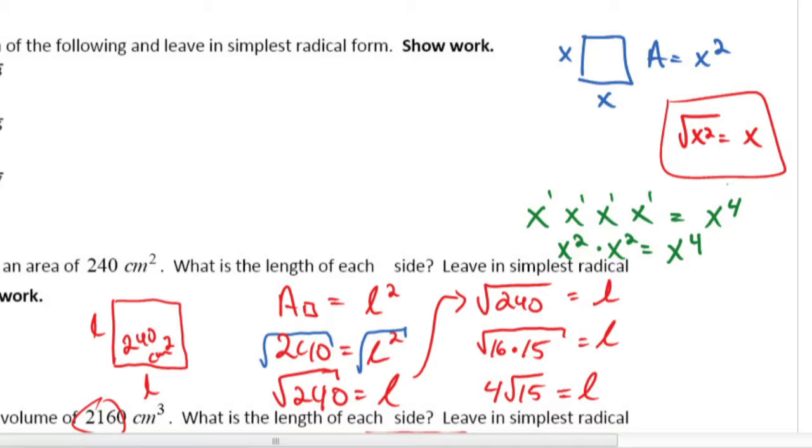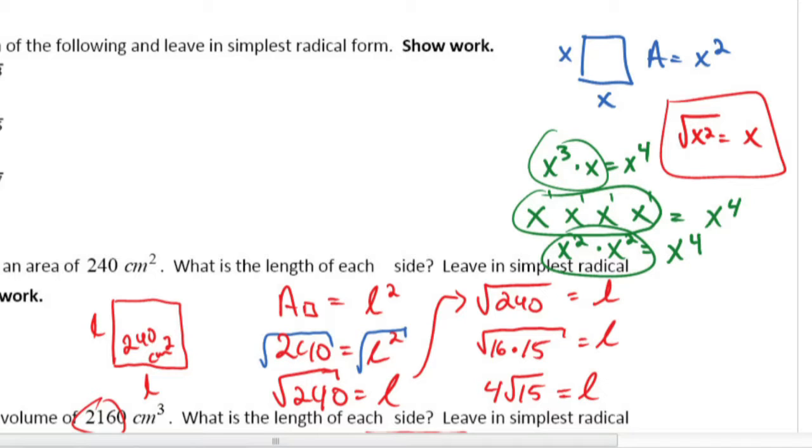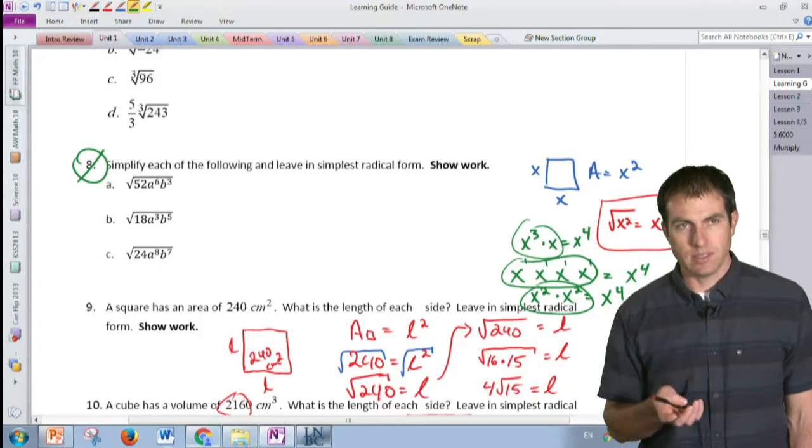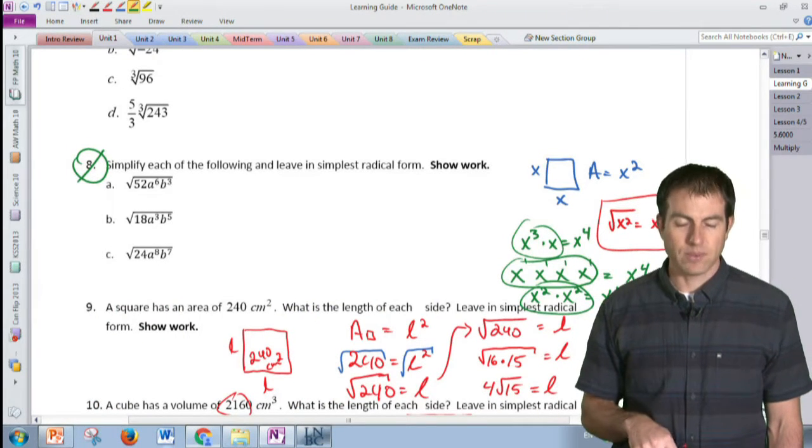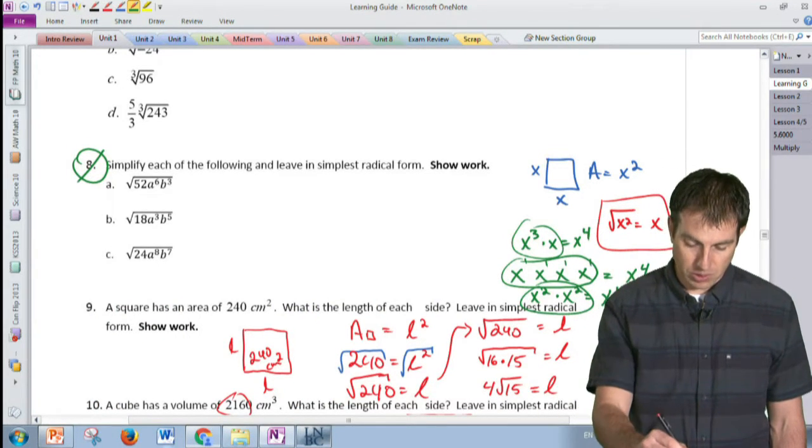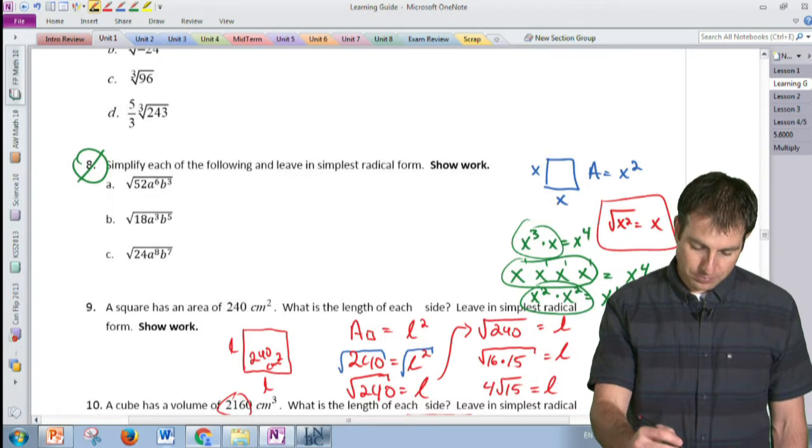I could write this again as x to the power of 3 times x, which is x to the power of 4. So I can write it this way, this way, or this way. They're all x to the power of 4, just written different ways. So keeping those two things in mind, two things you've seen before, we're going to think about it in terms of this example.